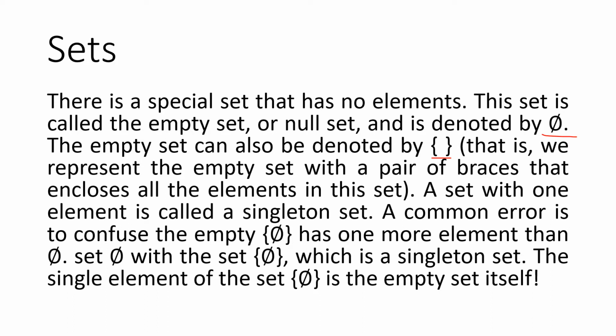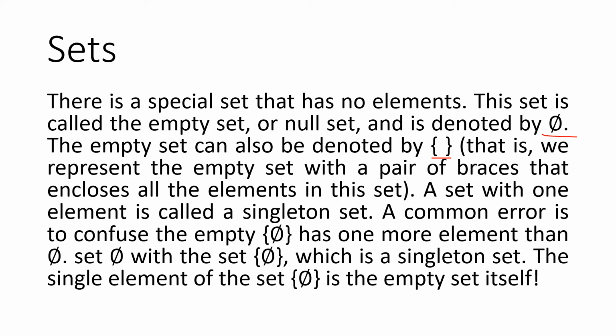Often a set of elements with certain properties turns out to be a null set. For instance, the set of all positive integers that are greater than their squares is actually an empty set. A set with a single element is called a singleton set.